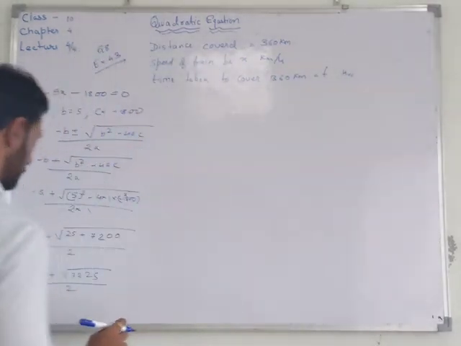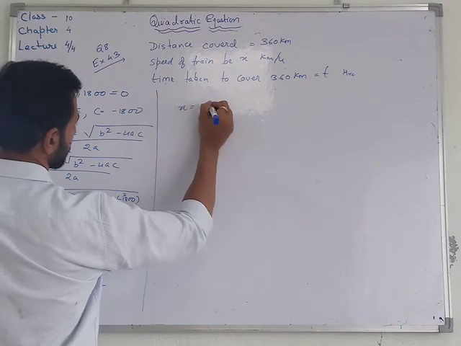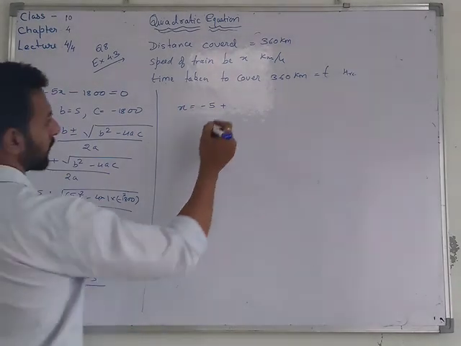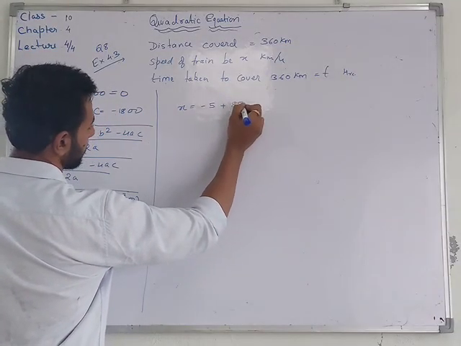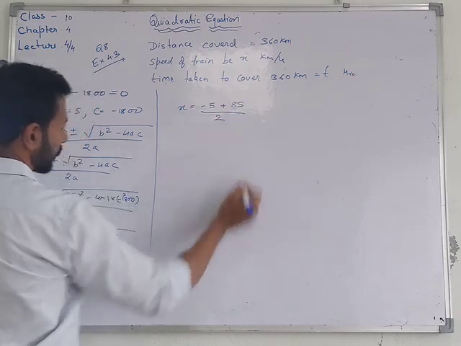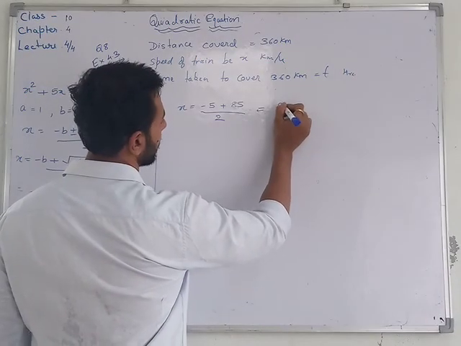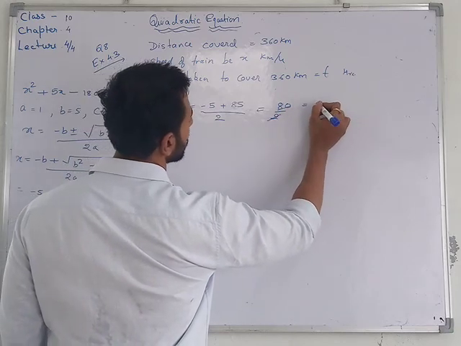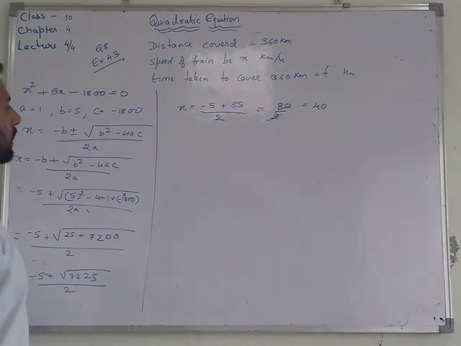Under root of 7225 is 85. So x is equal to minus 5 plus 85 by 2, which is 80 by 2. Cancel out, you will get 40. x is equal to 40 km per hour.